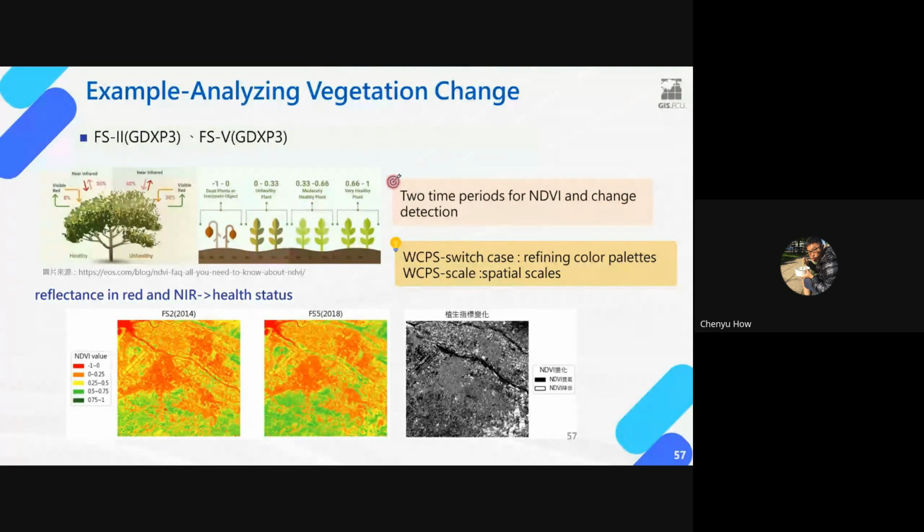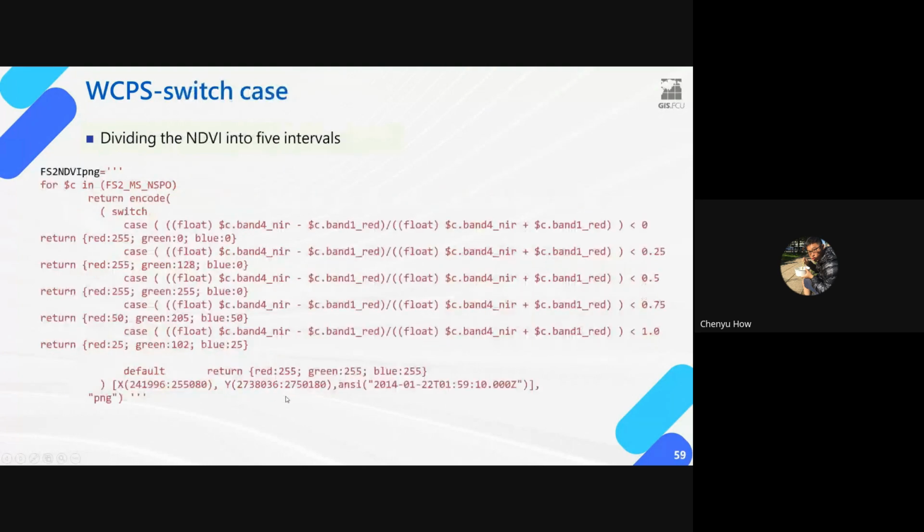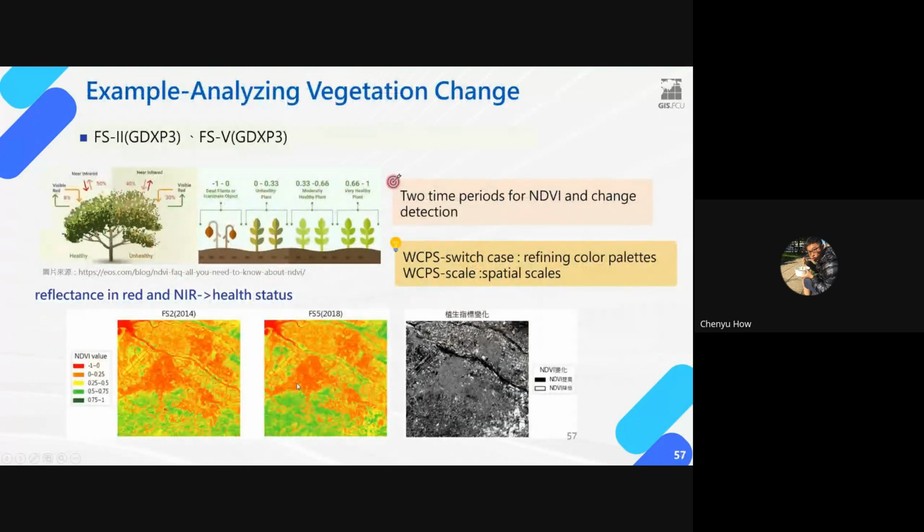So in this example, we utilize the satellite imagery from two distinct time periods to compute the vegetation index, which is NDVI, and conduct a change analysis.